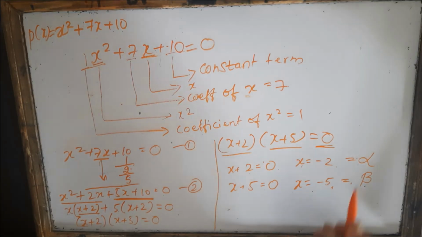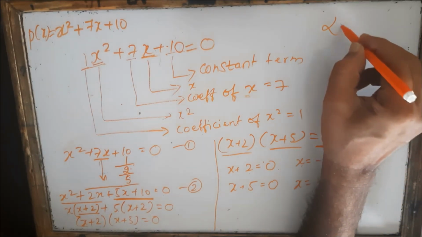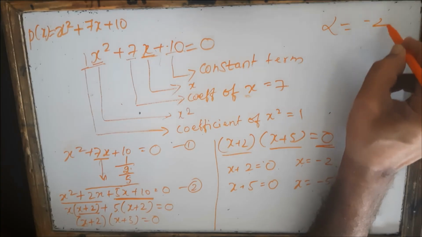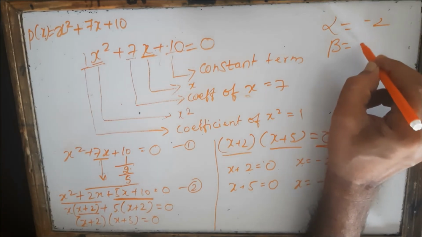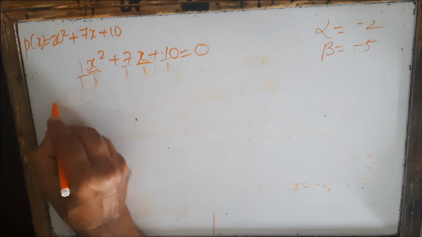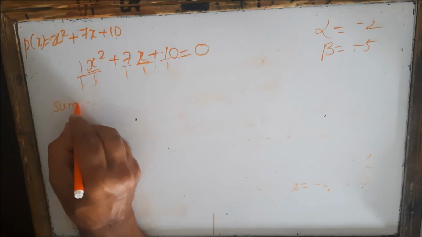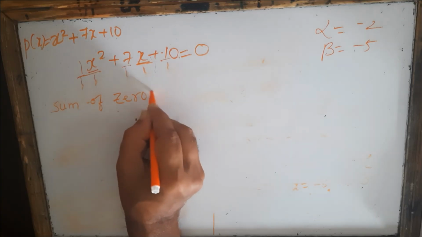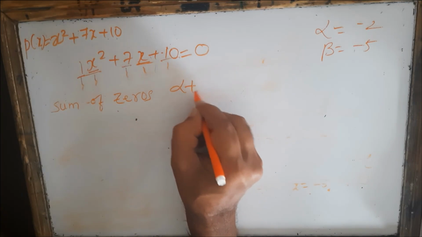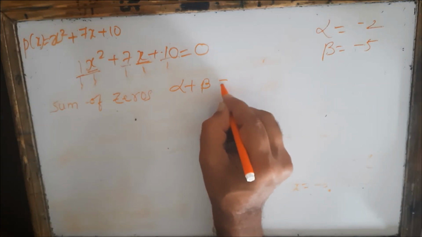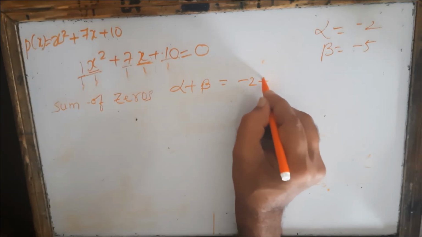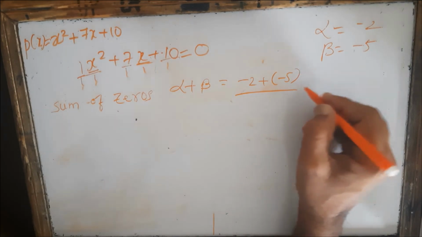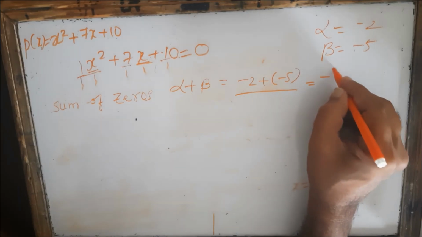Okay, now you know that alpha is equal to minus 2 and beta is equal to minus 5. Zeros. That means alpha plus beta is equal to minus 2 plus minus 5, which is equal to minus 7.